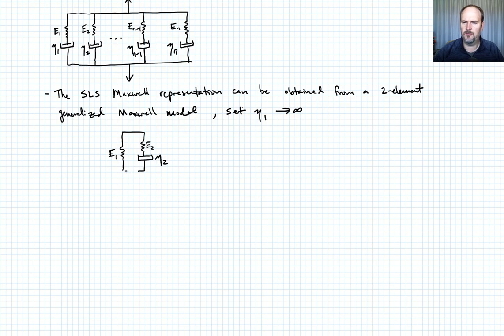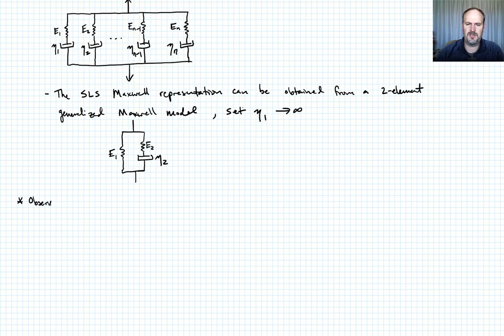That'll be eta 2. And that's our standard linear solid for a Maxwell model. So I'm just showing you that something we've already talked about is a subset of what we're now trying to generalize. So let me make a couple observations to set up the equations.